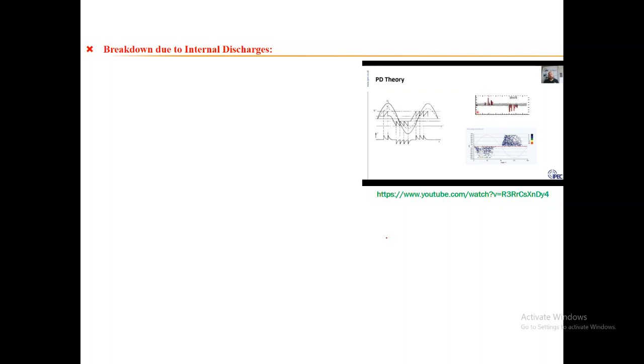So here we can see, all we're looking at here is raw data, and each one of these markers is a PD location, but we can very clearly see PD occurring in the power cycle here. So PD, rising edge of the power cycle, falling edge of the power cycle. This one's flipped around the other way, but it's the same thing, rising edge of the power cycle. So as the energy is increasing, that's where partial discharge is increasing.